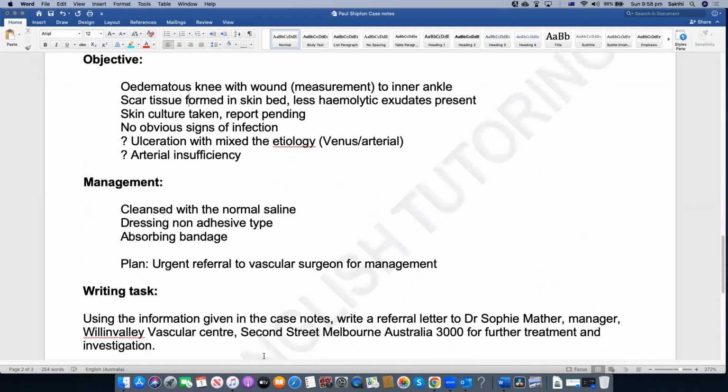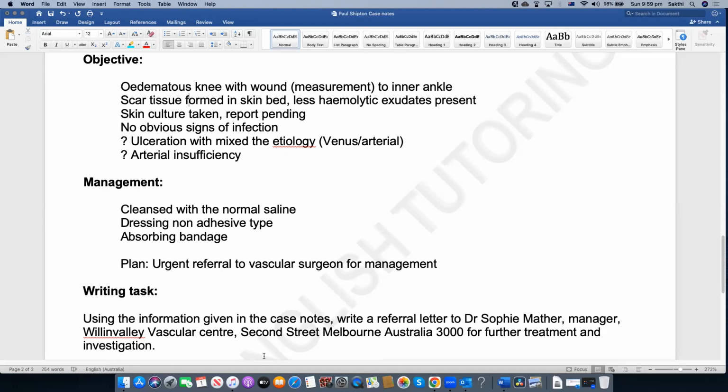What about skin culture? Is that going to be relevant? I don't think so. The report is pending anyway. But what do you guys think? It's semi-relevant. Amber, what do you think?